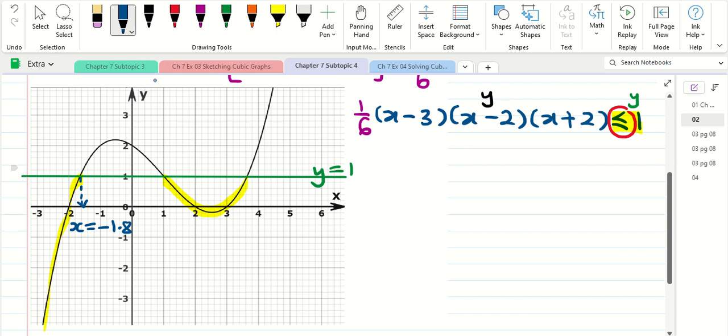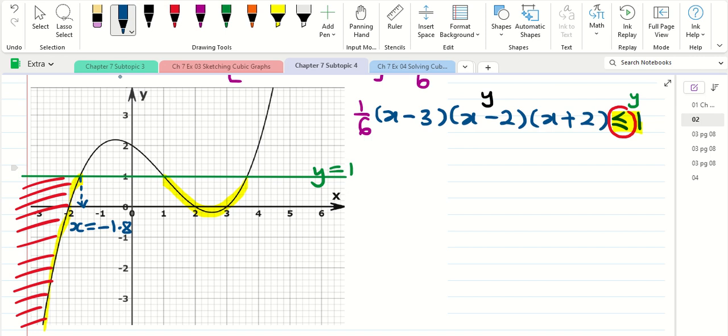For the first one, this is the region where the graph of the cubic equation is below y equals 1. So the first solution is x is less than or equal to negative 1.8.